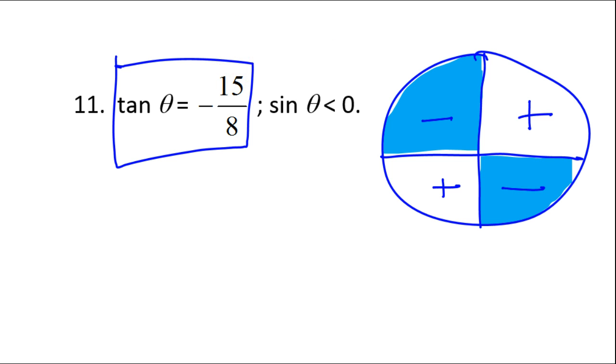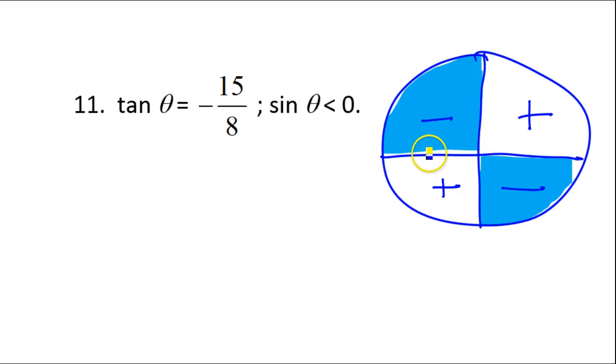Okay, now on the other hand, we know that the sine function is like a y value on the unit circle. So by giving us that the sine value is less than 0, or the sign is negative, they're saying we need negative y values. And we know that y values are negative below the x-axis.